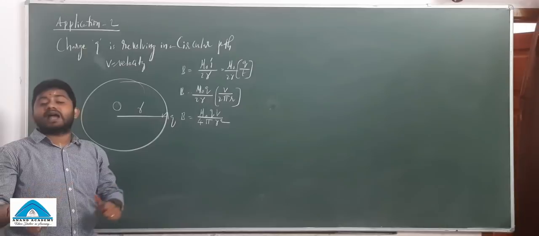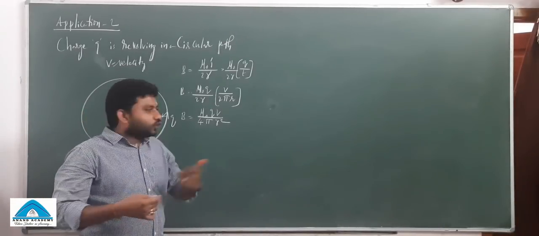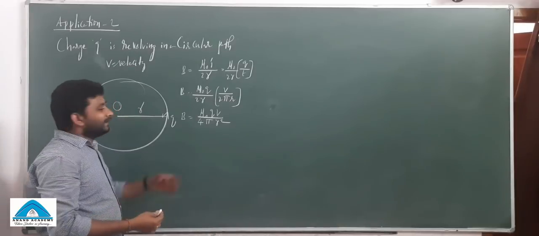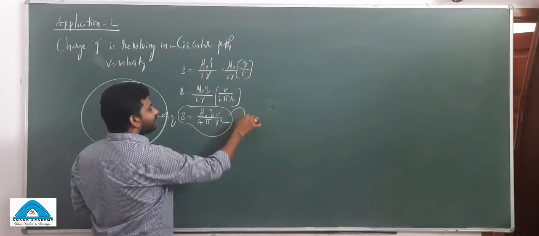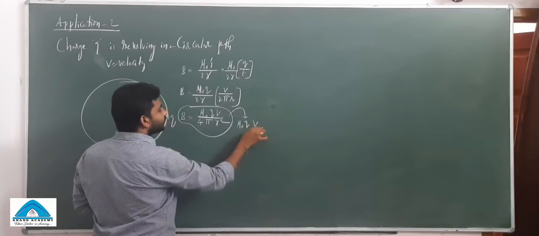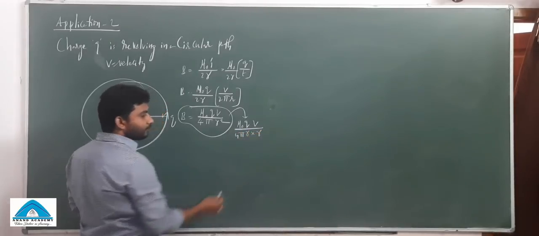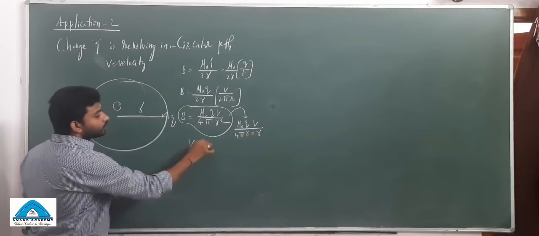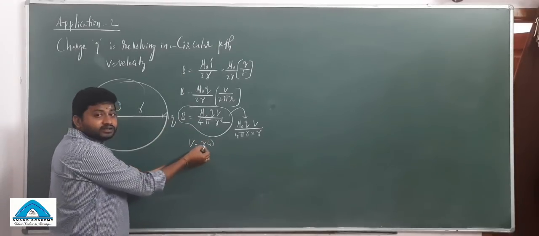Sometimes the question can be asked in terms of angular velocity, right? So in this case, how can you solve it? This is one equation in terms of velocity. The same I can write as mu naught QV divided by 4 pi R into R, because V is equal to R omega, we know. From here, V by R is equal to omega.